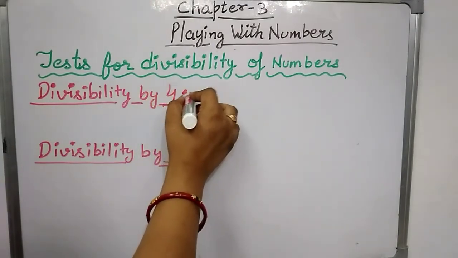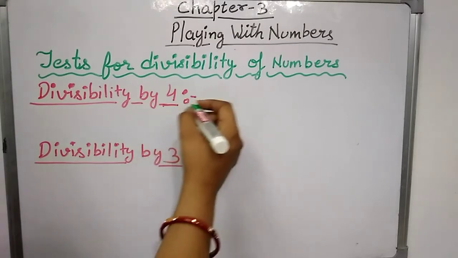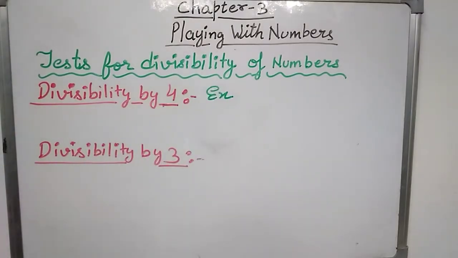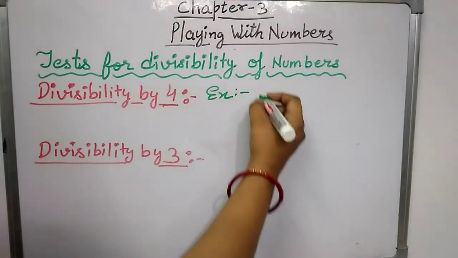So divisibility by 4. For checking whether any number is divisible by 4 or not, we need to consider the last 2 digits, or you can say the digits at the ones and tens place. For example, I am taking a number.